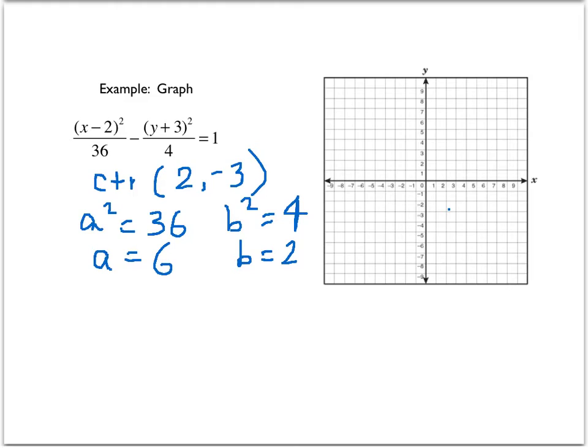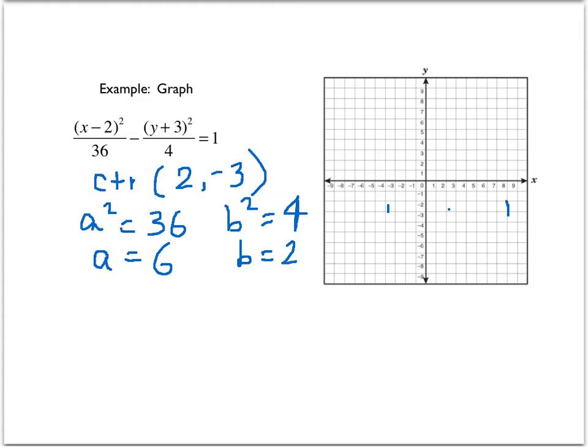Once we find a and b, we're going to use those to do some counting. That'll help us as we graph these. So a is 6. So that means I'm just going to count 6 from that center. So if I was at 2, 2 plus 6 is 8. So I'm going to make a little dash there. And 2 minus 6 is -4, right there.